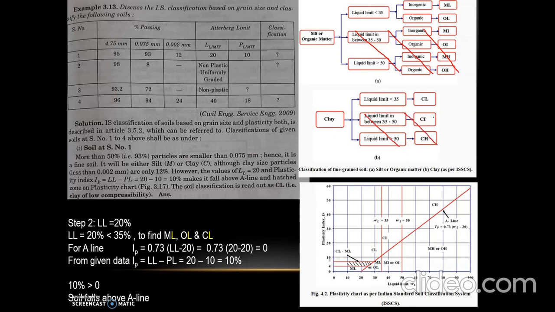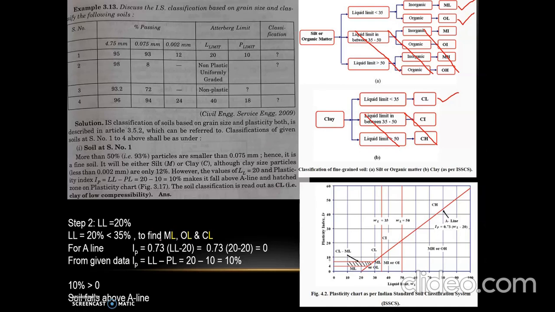So that means the soil can be either ML, or OL, or also CL. And we don't know whether it is silt or clay, that we will check later.